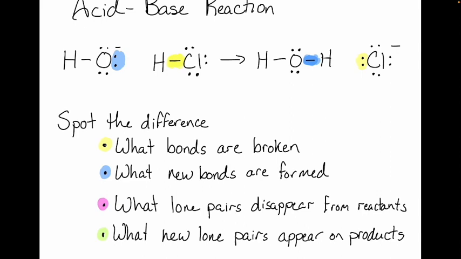So how we would draw this new bond being formed is an arrow that starts at that lone pair and then points to that hydrogen atom where that new bond is being formed. So this is an electron pushing arrow that shows a bond formation, a bond being formed.